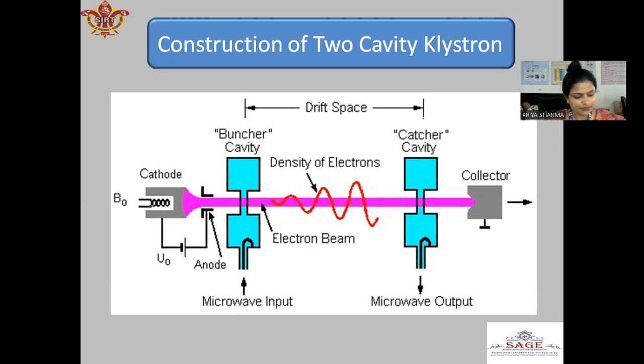At point C on the input RF cycle, an electron will leave gap A later than the reference electron ER, called the late electron EL. The electron which comes after the reference electron is known as the late electron, denoted by EL, and is subjected to the maximum positive RF voltage and hence travels through gap B with an increased velocity, and thus the electron tries to overtake the reference electron.